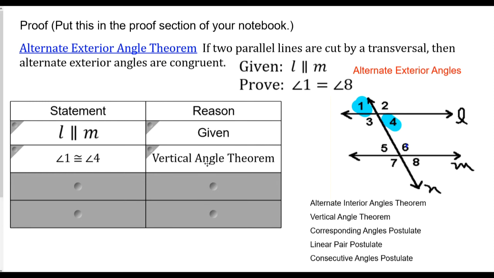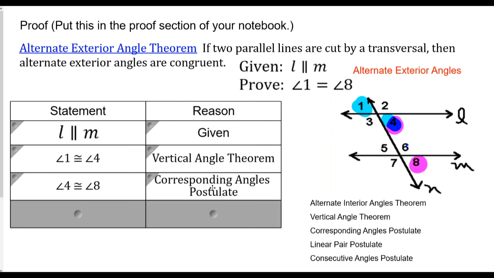Now you might realize that angle 4 is actually a corresponding angle with angle 8. So you're going to make the statement that angle 4 is congruent to angle 8 by the corresponding angles postulate. So what we have basically done is, from our first proof of this theorem to this proof, we basically switched the order of using our vertical angle and our corresponding angles.